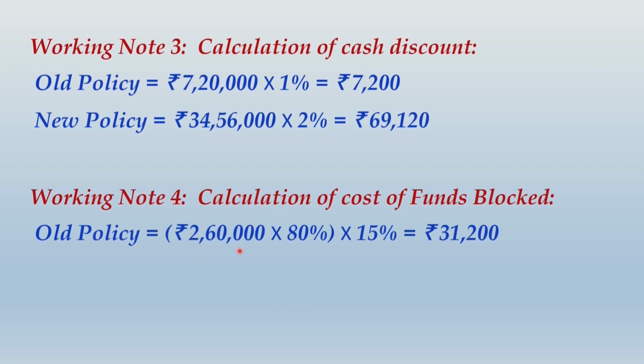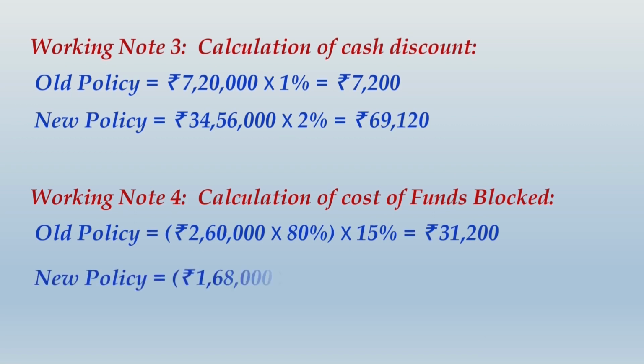So for having debtors balance of 2,60,000, your fund blockage is not 2,60,000. Your fund blockage is 80% of 2,60,000. So within brackets over here, that is 80% of 2,60,000 is basically the amount blocked, and 15% of that will give you cost of funds blocked.